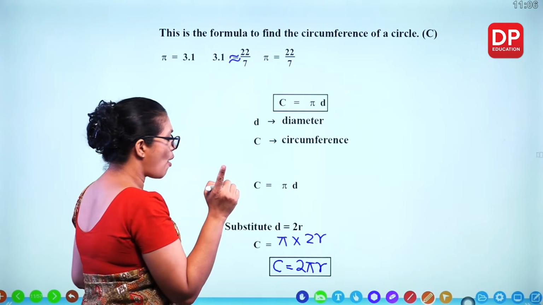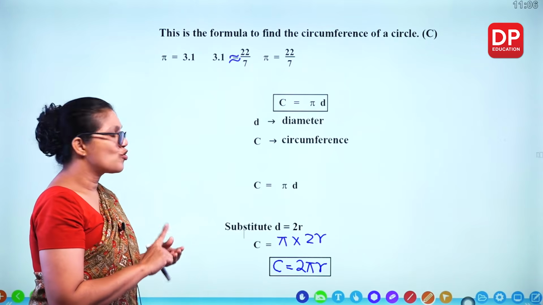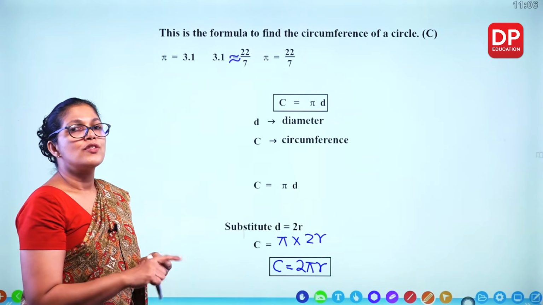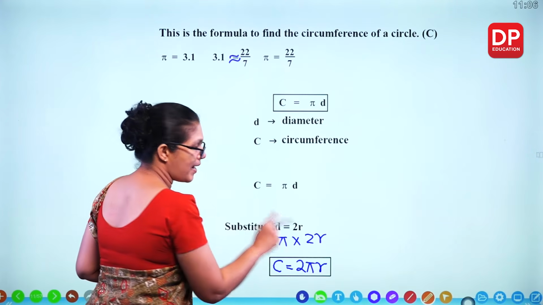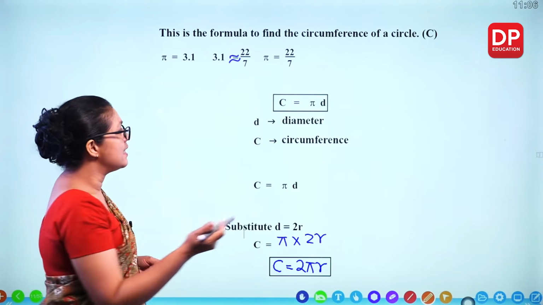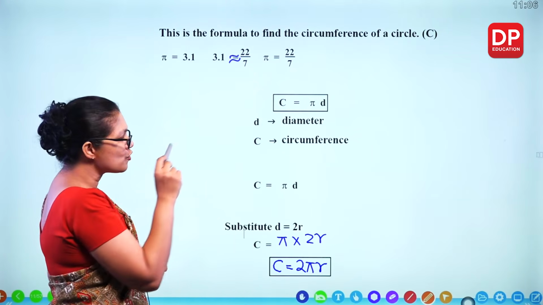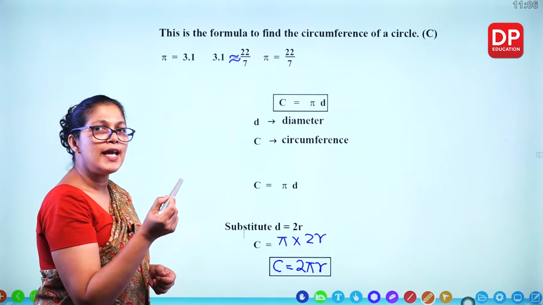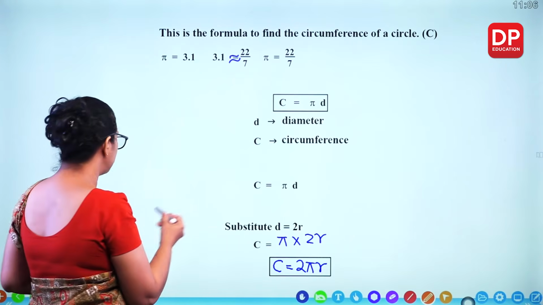So what's the new formula? The circumference of a circle is C equals 2 pi r. If you know the radius, you can use 2 pi r. If you know the diameter, you can use C equals pi d.